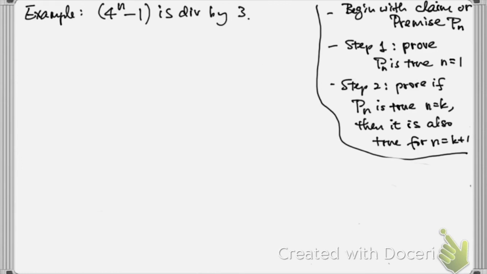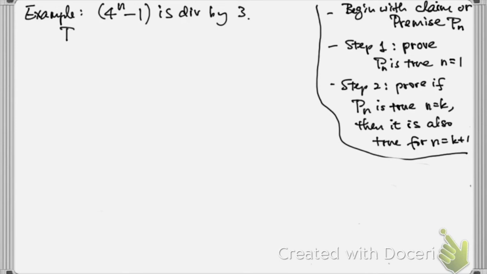Let's take a look at another example. So this one says that 4 to the power of n minus 1, that quantity is divisible by 3. So can we prove that? Well, let's first establish our premise.